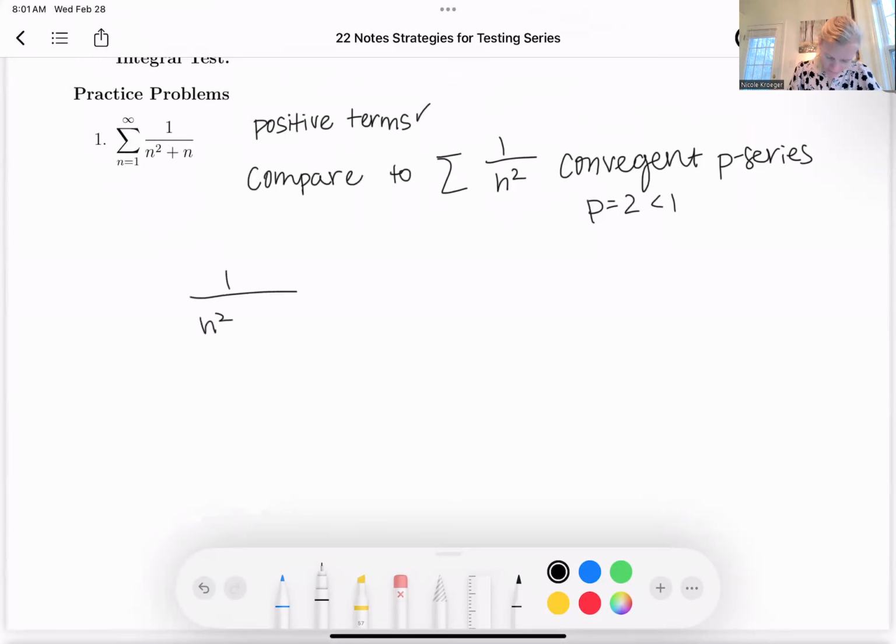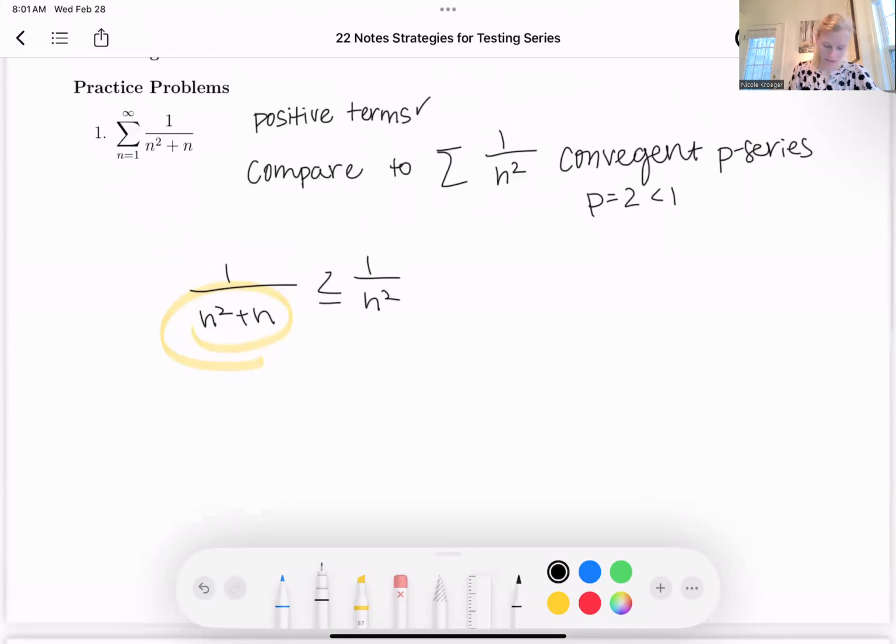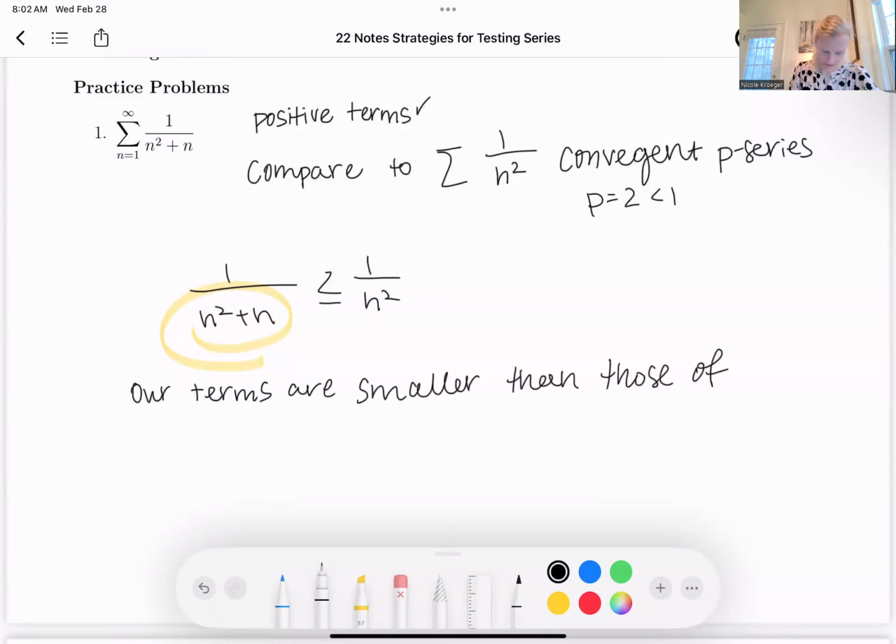So I do 1 over n squared plus n, 1 over n squared. Which one's bigger? This denominator is bigger, so that fraction is smaller. Our terms are smaller than those of a convergent series.